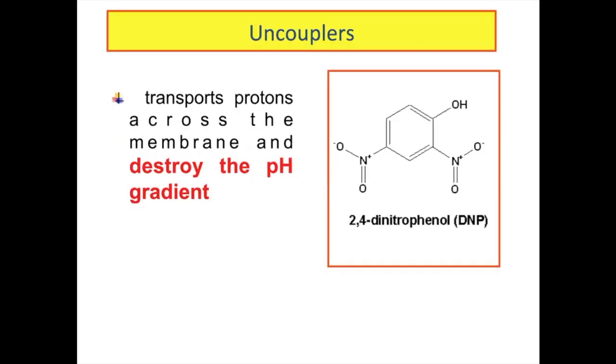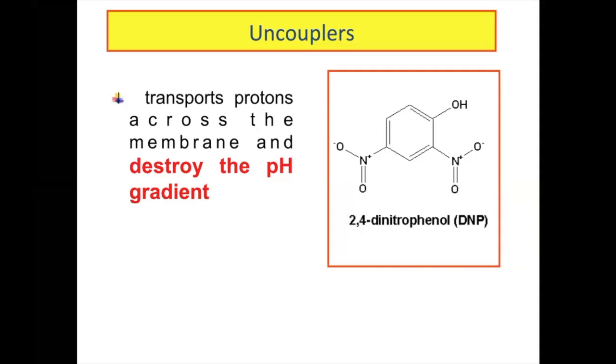So here, let me discuss this. 2,4-dinitrophenol has a unique mechanism because it will actually alter or destroy the pH gradient along the membrane. So this is the mechanism by which it serves as an uncoupler. Now, always remember your chemiosmotic coupling theory, wherein oxidation is tightly coupled with phosphorylation.